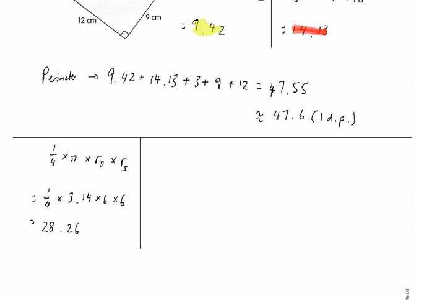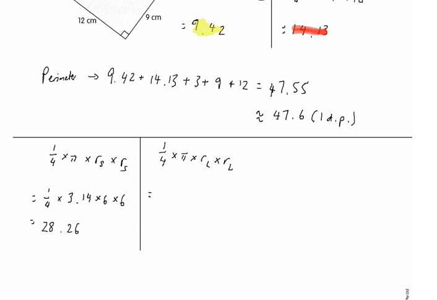We also need to find the larger quadrant, right? Okay, what's the formula, Elliot? 1/4 times pi r squared. So r now is the large one.